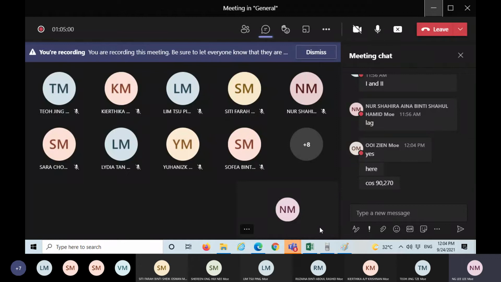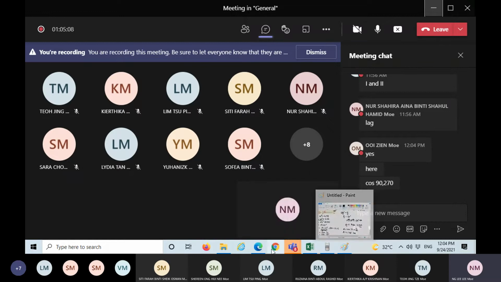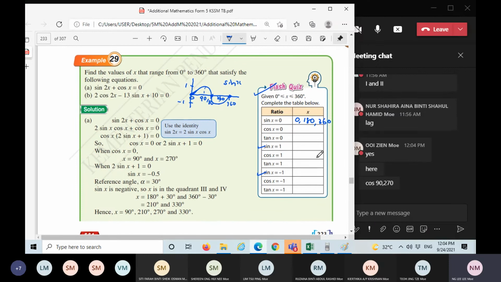Cos 90 to 170, what's your answer? My question is sine x is equal to 1. What is x? What is cos 90, 270?